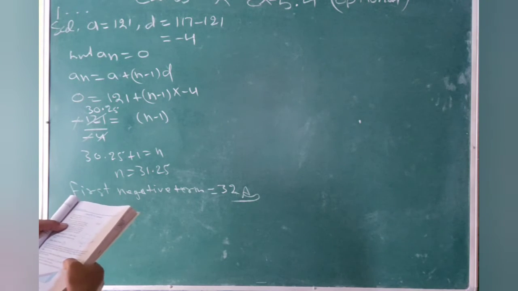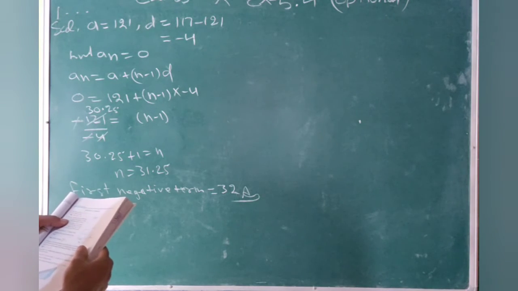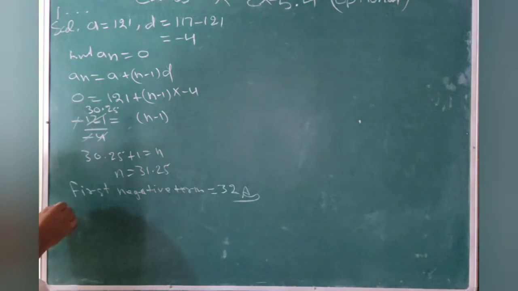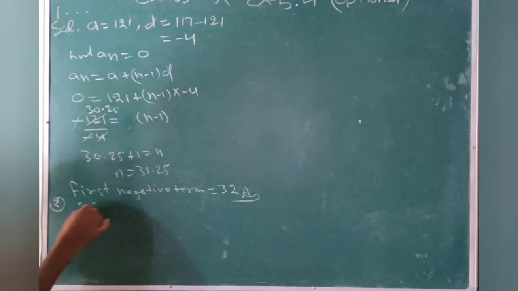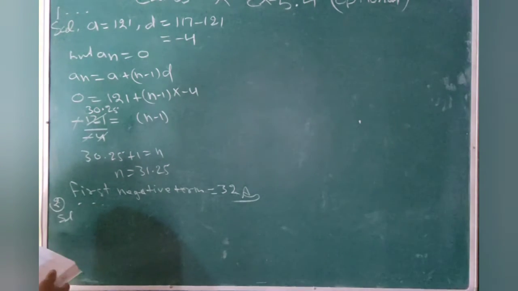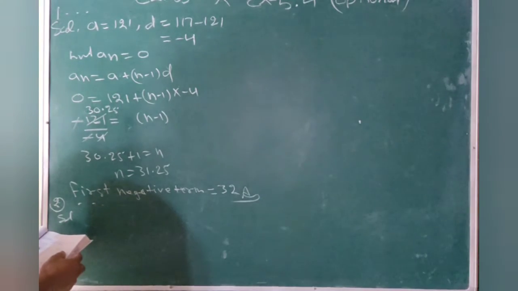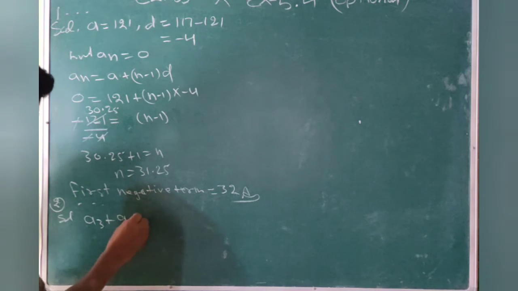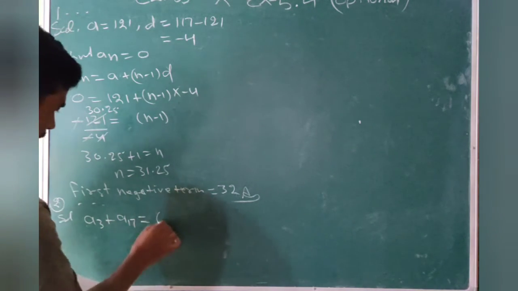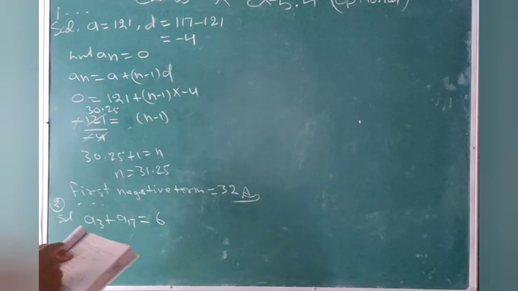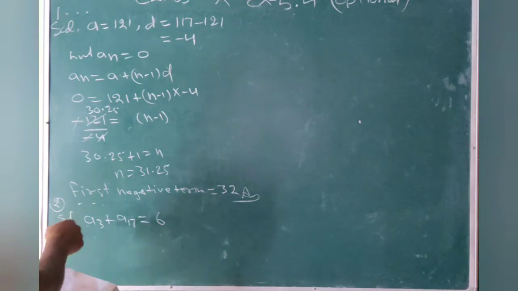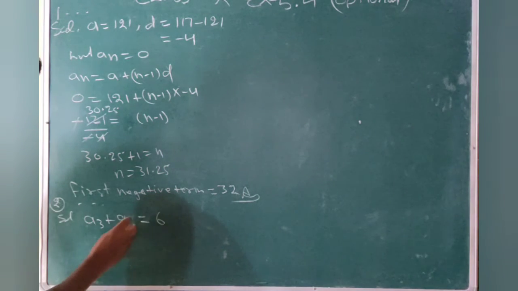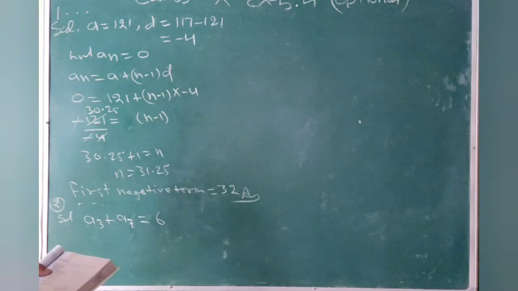And then the second question: the sum of the third and seventh term is 6. So a3 plus a7 is equal to 6.